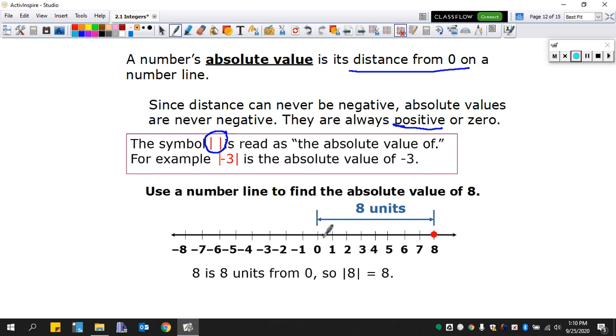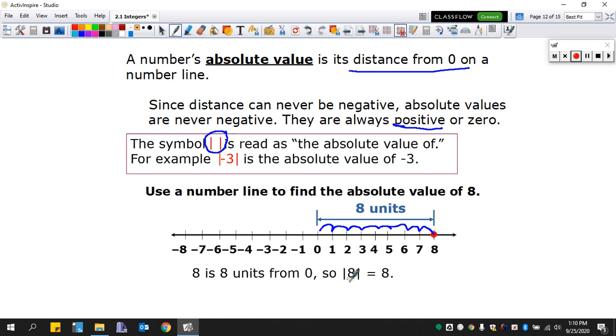If we need to, we can count the number of spaces: 1, 2, 3, 4, 5, 6, 7, and 8. So the absolute value of 8 is 8. Please do not get into the mistake of thinking that it's the opposite. It's not the opposite. It's always going to be positive.